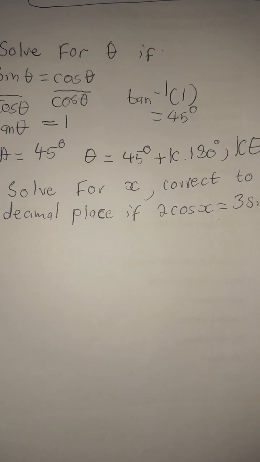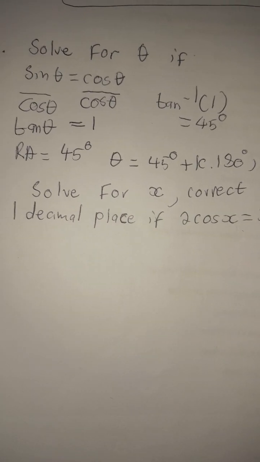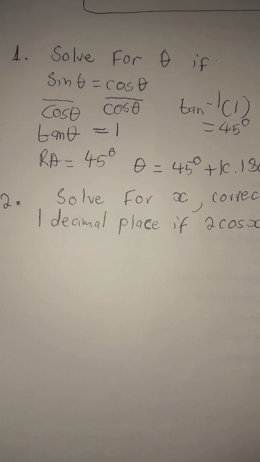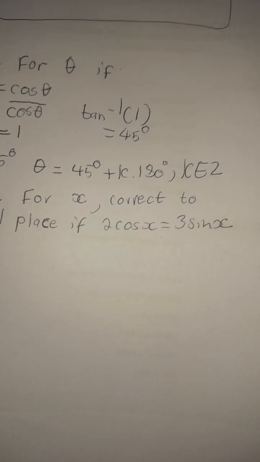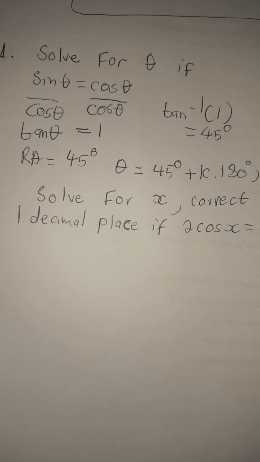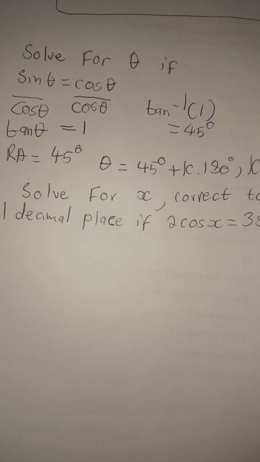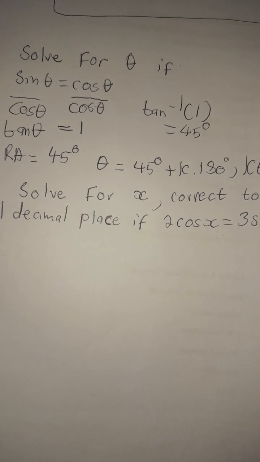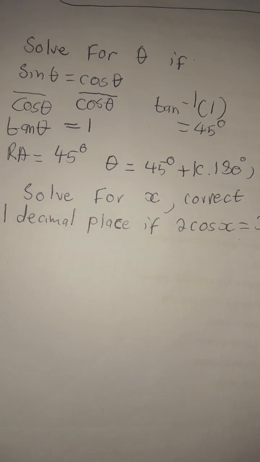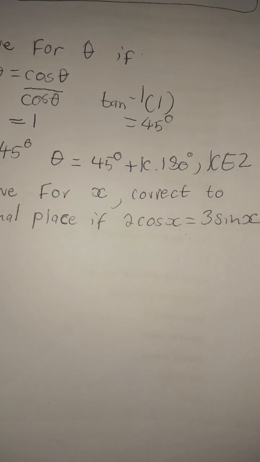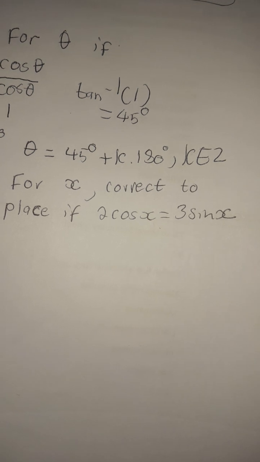So now we will look at our number 2 for today, which is: solve for x correct to 1 decimal place. Right, there's a restriction there. If 2 cos x is equal to 3 sine x.